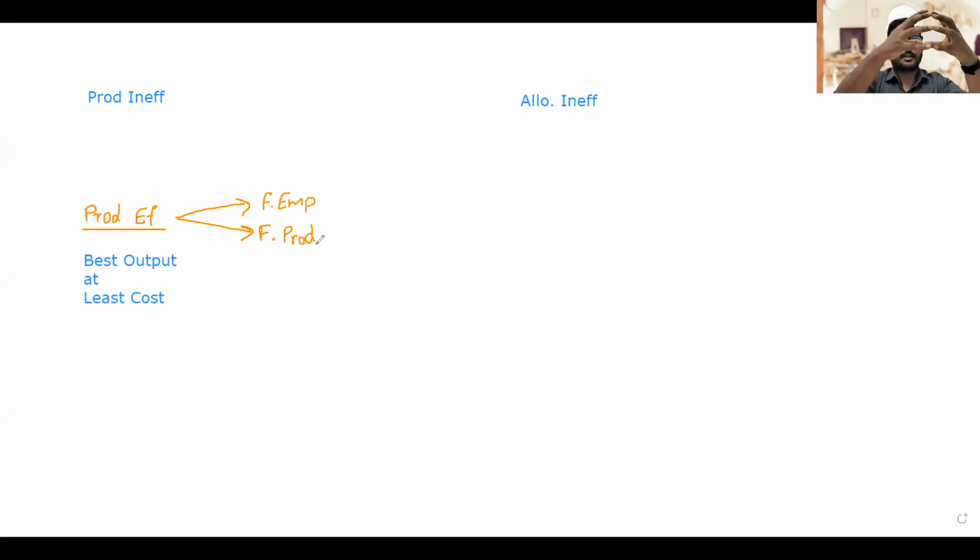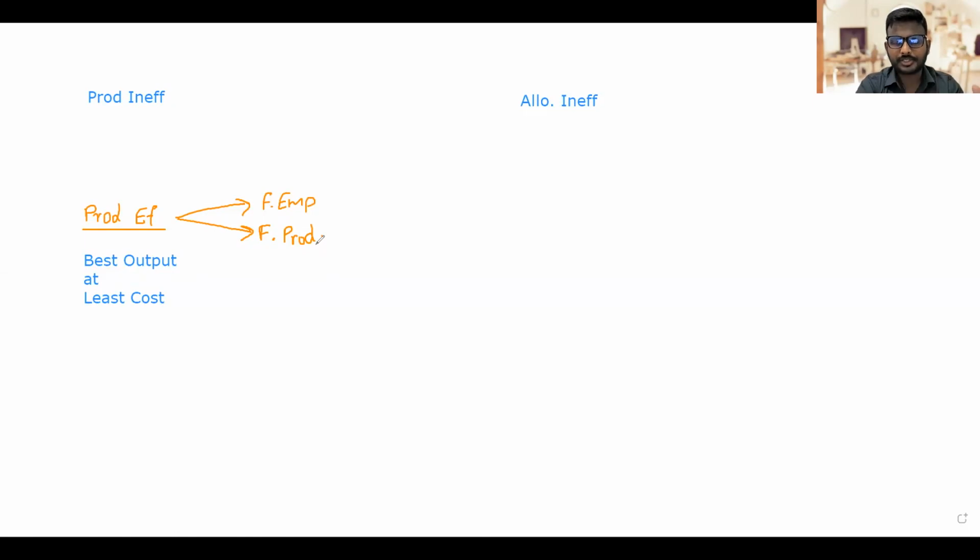You simply say productive inefficiency means the opposite of productive efficiency. When a producer or the economy is not able to produce the best output at the least cost, it's called productive inefficiency. Or you can say when resources are used in a way where there are wastages, where full employment and full production are not met, that's productive inefficiency.